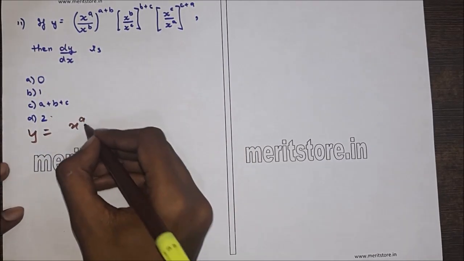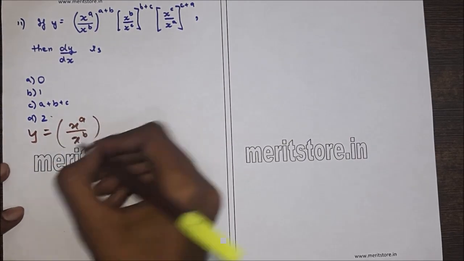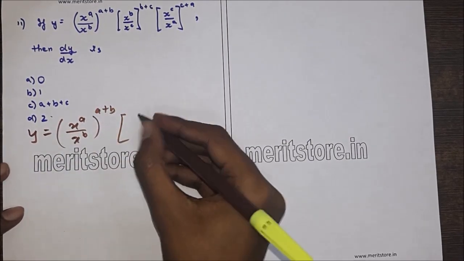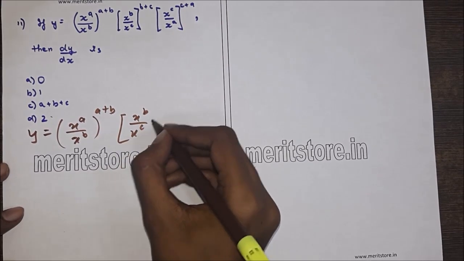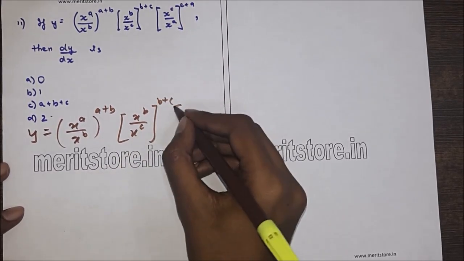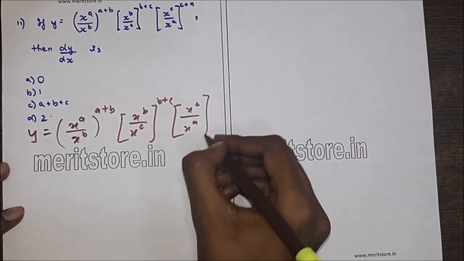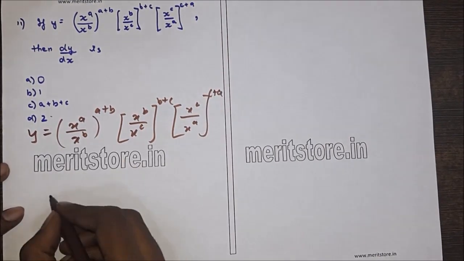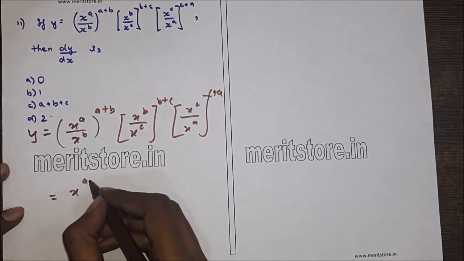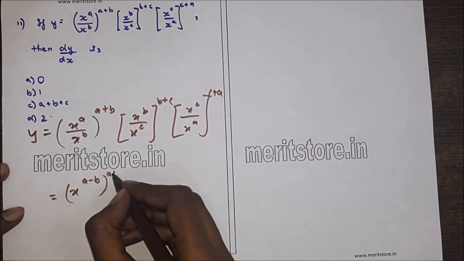So x raised to a by x raised to b raised to a plus b, x raised to b by x raised to c raised to b plus c, into x raised to c by x raised to a raised to c plus a. By law of indices, we can write this as x raised to a minus b raised to a plus b.